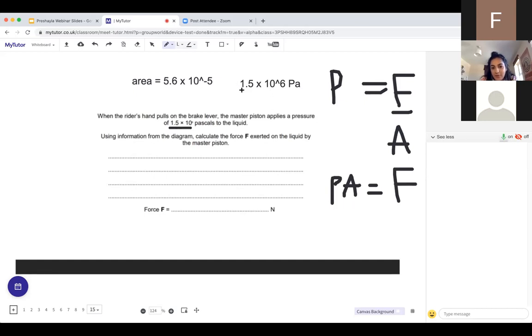We've been given a pressure, we've been given an area, so what would the force be? I'll give you 1 minute to have a go. So remember, we're doing pressure times area to get the force.